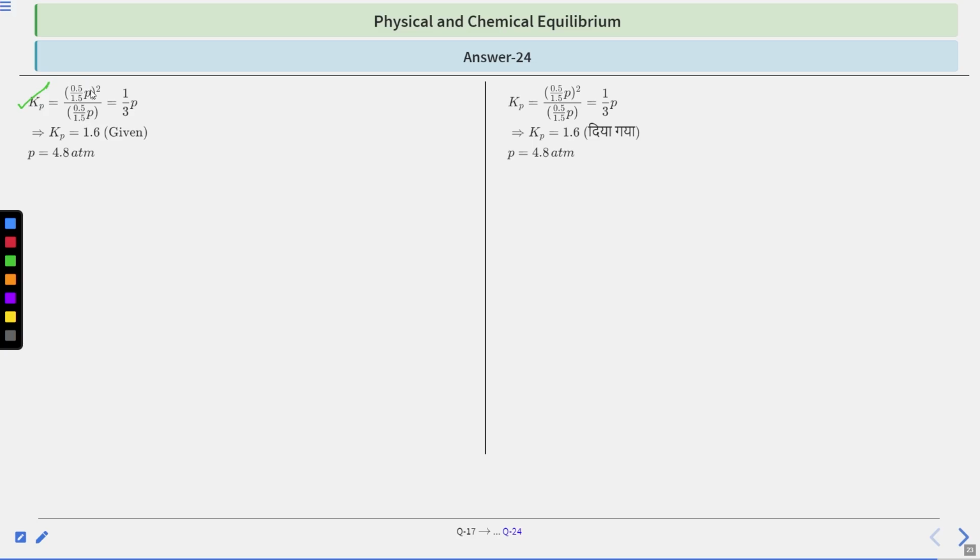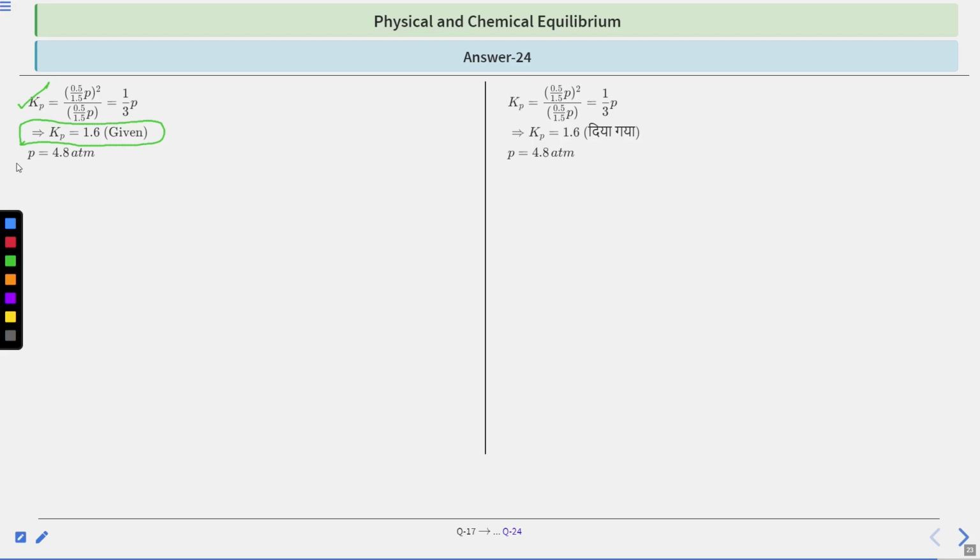So we have 0.5 divided upon 1.5 to the whole square divided by 0.5 upon 1.5 P. As you can see, both are the same, so one factor will cancel out and it will be 1 by 3 P. And you can say that Kp is equal to 1.6, which is given, right?